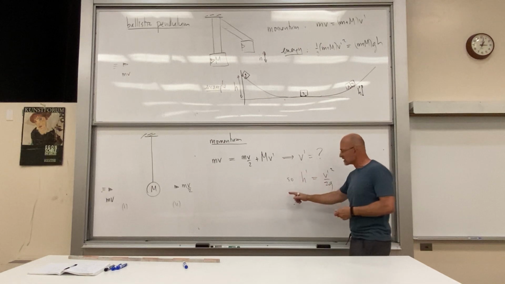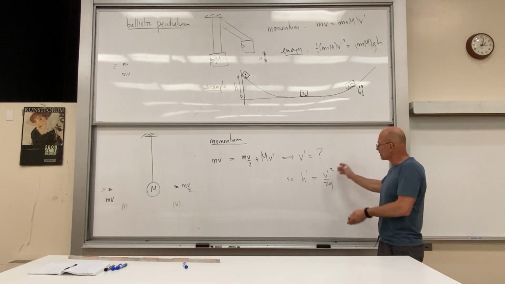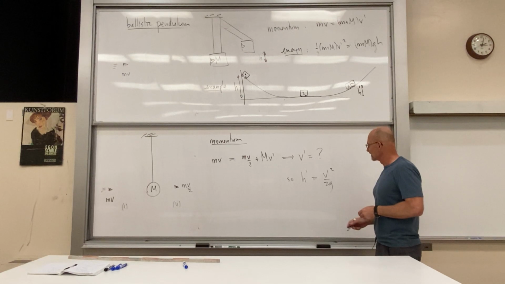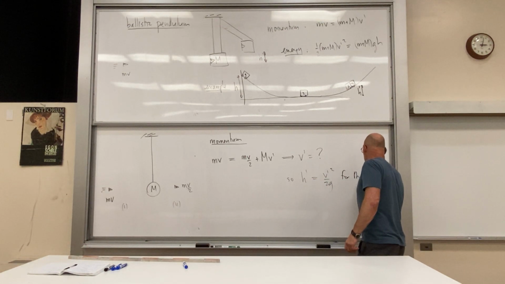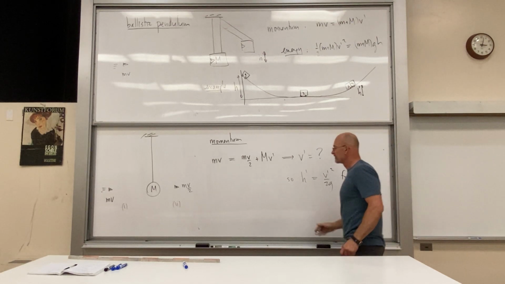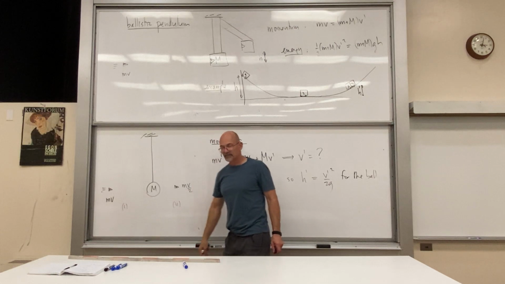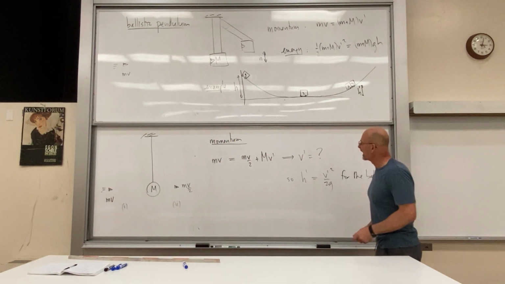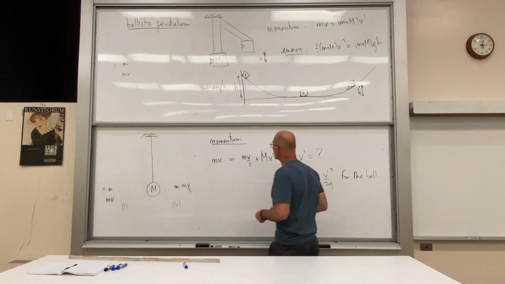I'm just writing this down because we've done it so often. Of course, if you need to, use conservation of energy and write the whole thing down. If it gave it enough momentum, the thing might swing around and do a loop-the-loop. So there's a nice application as well. So that's the linear momentum.